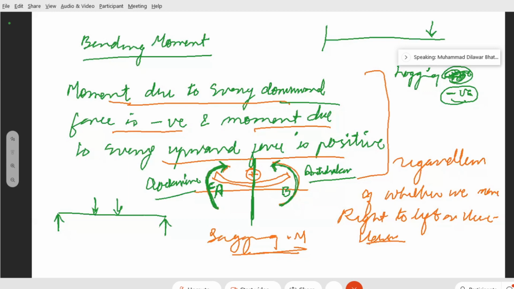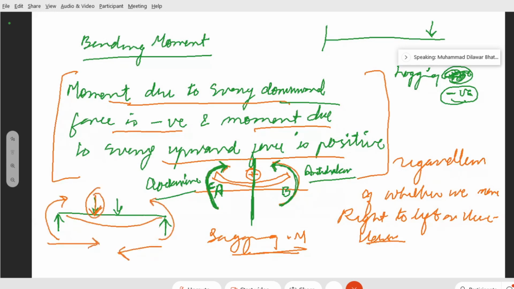I said that every upward or downward force is your negative force, whether you go from left to right or from the other side. Actually, it should have been opposite. But the moment at point A that was clockwise positive has become negative, and the anti-clockwise has become positive. Therefore, the signs have changed from going from one point to another point.